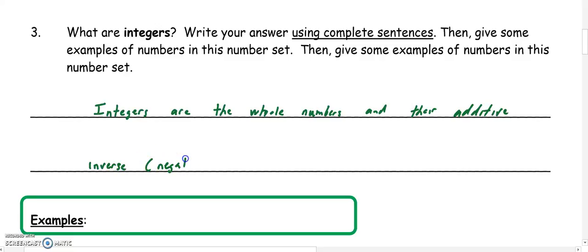It's called an additive inverse because it's the number we can add to the positive to get 0. So for example, 5, the additive inverse would be -5 because 5 plus -5 gets us 0. So examples then, we could have any negative number like -3, -2, -1, 0, 1, 2, 3. We go forever in both directions.